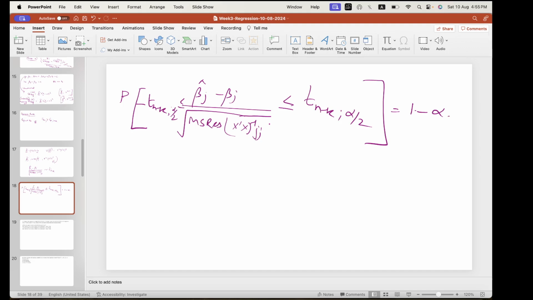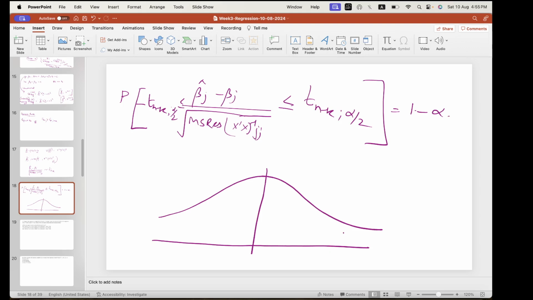I can write this. Why? Because if this is my t distribution, symmetric across 0, this point here, t n minus k alpha by 2, means the area above is alpha by 2, and similarly minus t n minus k alpha by 2 means that the area below is alpha by 2.